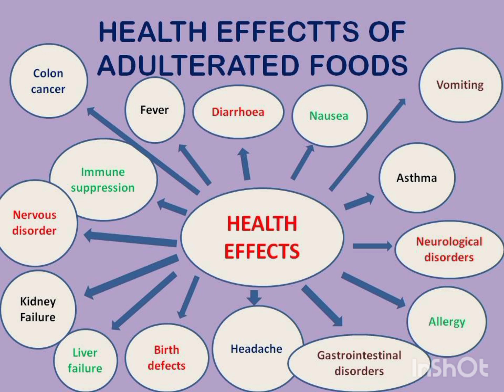We'll get some kinds of allergies, but if we leave this untreated, it will lead to severe disorders such as liver failure, kidney failure, our immunity will be completely suppressed, our nervous system will collapse and we'll get nervous disorders, even cancer, such as colon cancer, and gastrointestinal disorders. Finally, it will lead to birth defects which may be passed to the next generation.